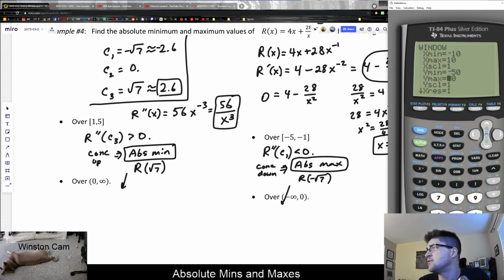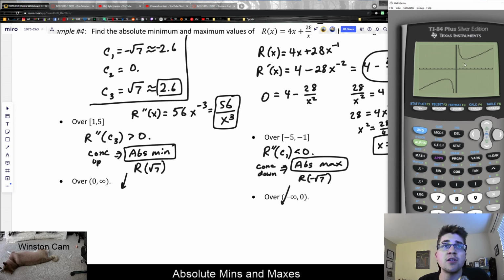Let's try negative 50 to 50. What you can see is on the right-hand side from 0 to infinity, there is a smallest point. There's an absolute min value, which occurs at the square root of 7, as we solved algebraically from calculus before. And on the left-hand part, there's an absolute max here. You can always look at the graph and say, okay, here on this interval, there's a point that's the biggest, and that can help you make this determination.